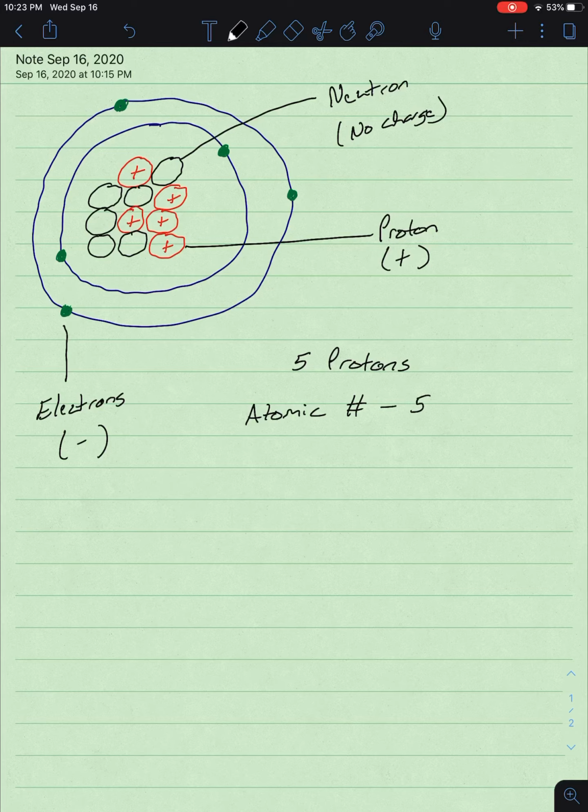You would need your periodic table to reference this. You would look up the atomic number 5 on the periodic table, and that gives me boron. So this is the atom for boron.